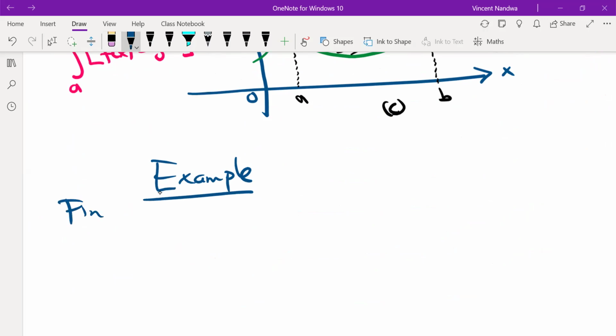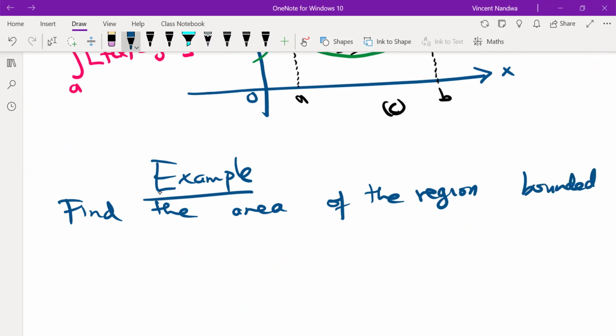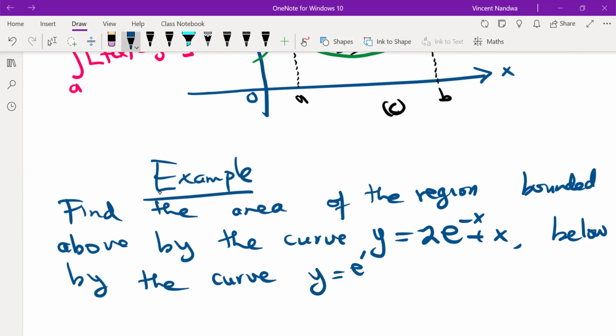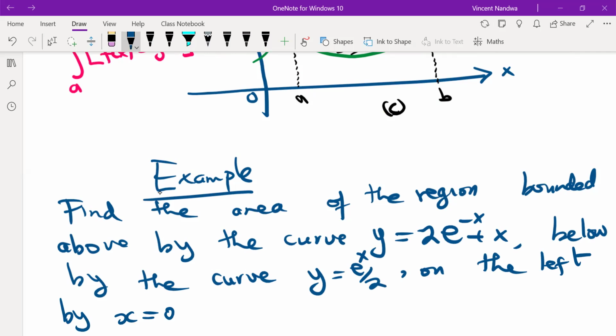Find the area of the region bounded above by the curve y equals 2e^(-x) plus x, below by the curve y equals e^x over 2, on the left by x equals 0, and on the right by x equals 1.